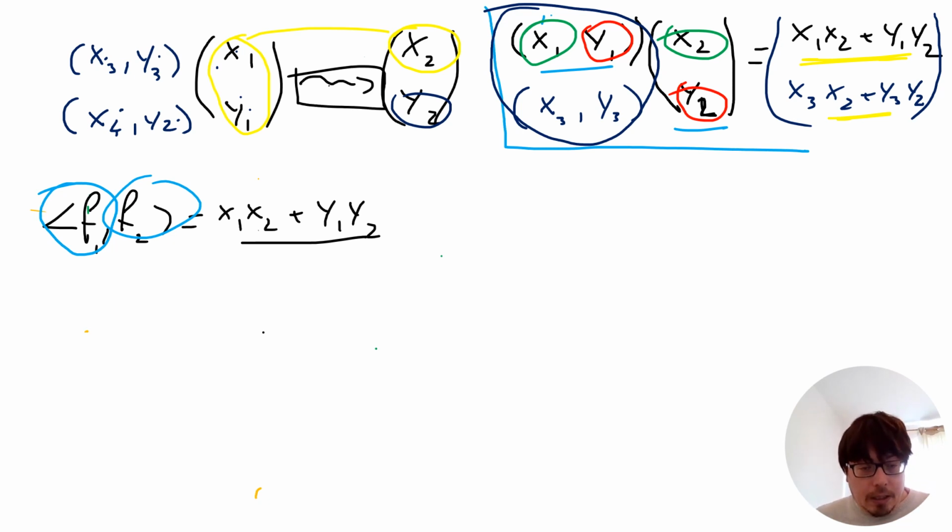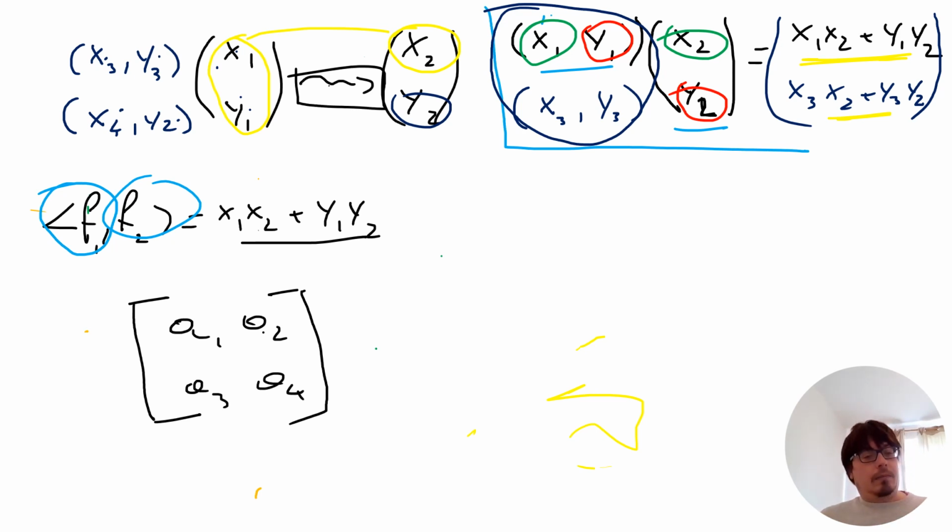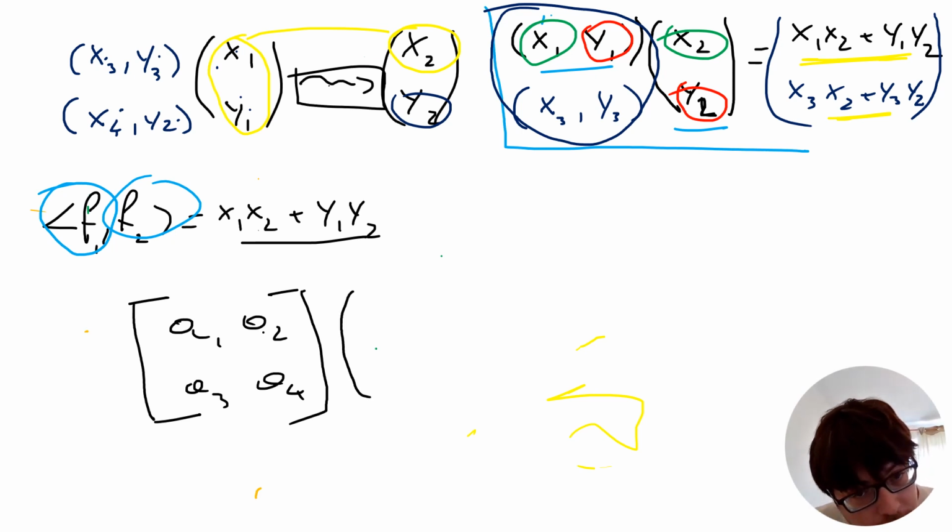And guess what? We can actually define, if I find my pen somewhere, I lost it again. Okay, let's call it black. So in general, we can draw it this way. Let's pick square brackets and let's pick four numbers. It doesn't matter, it can be any four numbers that you like. And then we have our vector, which is x and y.